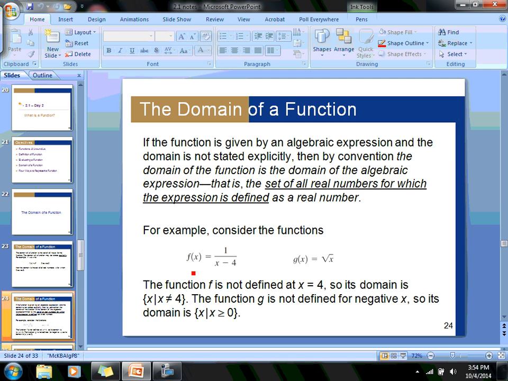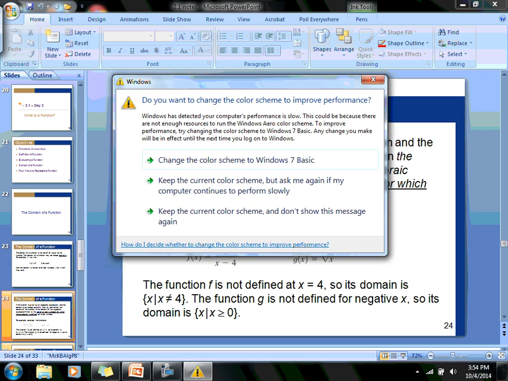So if you're just given a function, f of x equals 1 over x minus 4, for example, and you're not given any restriction on the domain, then the domain for this function is going to be the domain of whatever 1 over x minus 4 is.